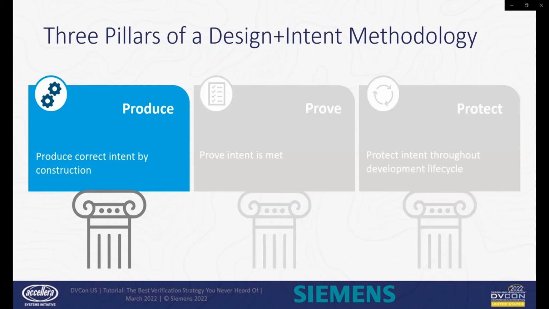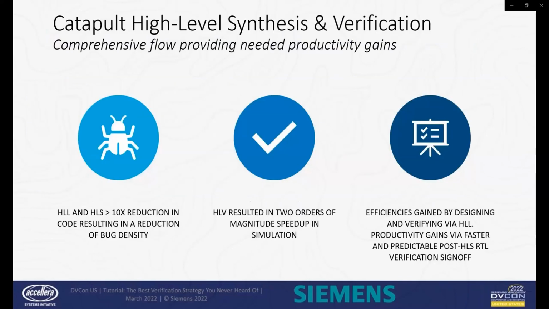The first pillar we discussed is the produce pillar, with the goal to produce correct intent by construction. Here we focused on high-level languages and high-level synthesis, where we saw examples of an order of magnitude reduction in the code to describe the design, which in itself would result in an order of magnitude reduction in bugs per line of code, as I discussed in the introduction.